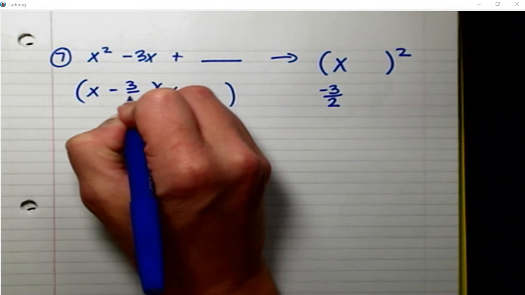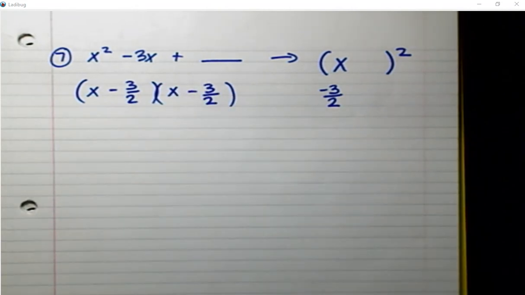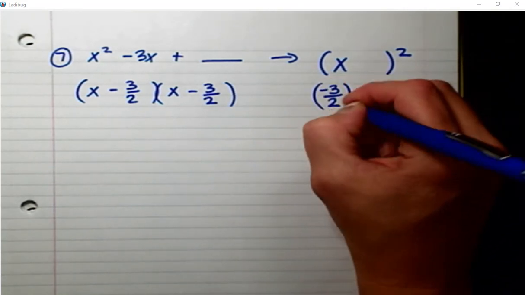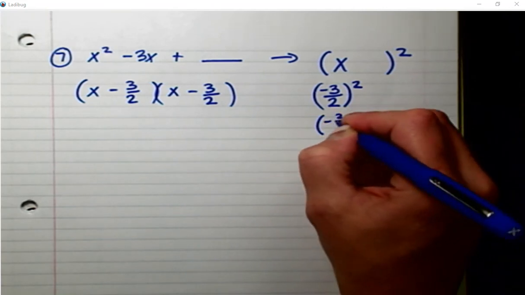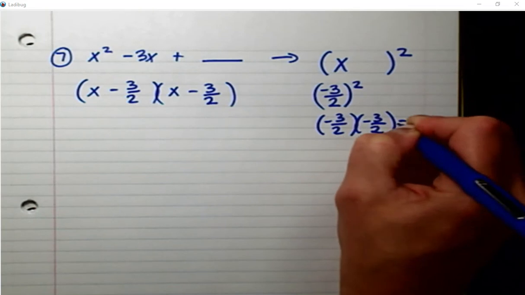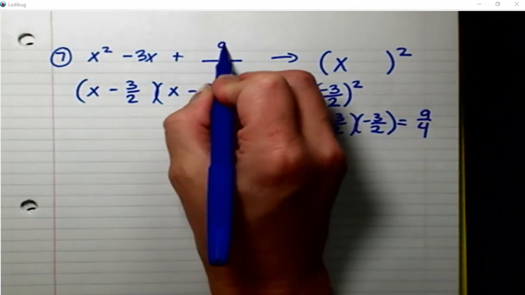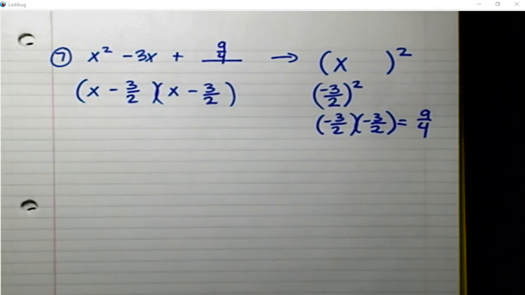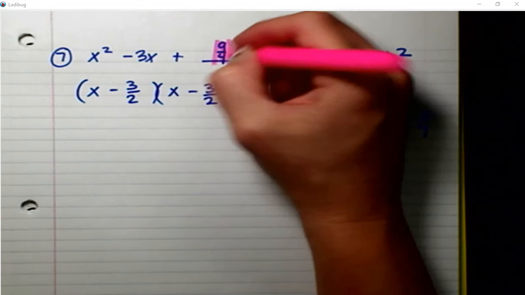So I halved it, so that means I'm going to get this. Half it. Square it. When you square something, it is just multiplied by itself. So that's straight across, and that's 9/4. So 9/4 is the number that we're missing.